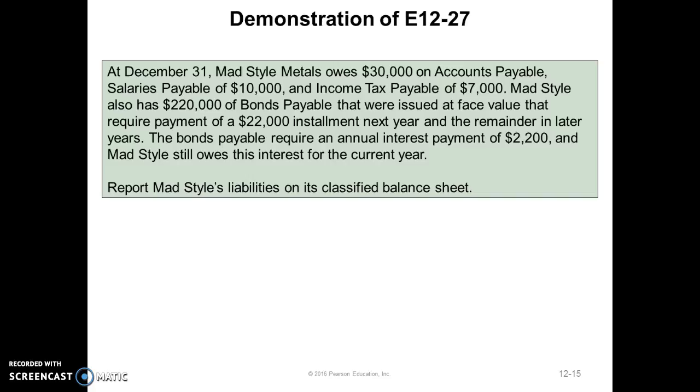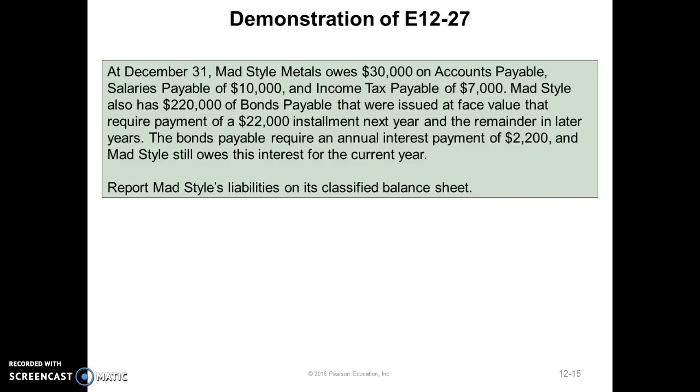The next problem is about the classified balance sheet. Here at December 31st, Mad Style Metals owes 30,000 accounts payable, salaries payable of 10,000, and income tax payable of 7,000.